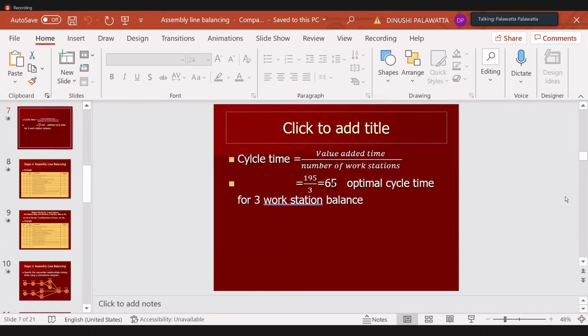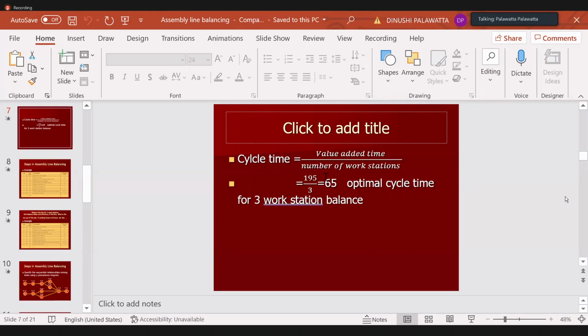So 65 means if you get a balance for 65, the efficiency will be near 100. But in the balance, if you got, let's say, 68 or something, efficiency will come down to, let's say, 80 to 85%, some range. That is for 3 workstations; the optimal cycle time is 65.